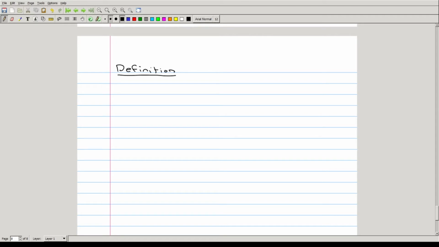So first we'll let f of x be defined for x between negative L over 2 and positive L over 2.